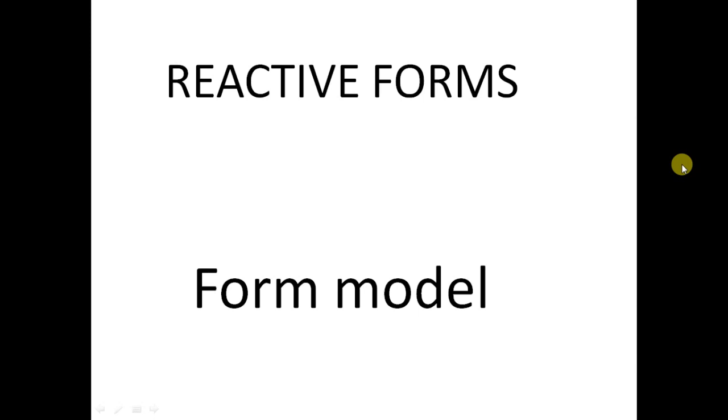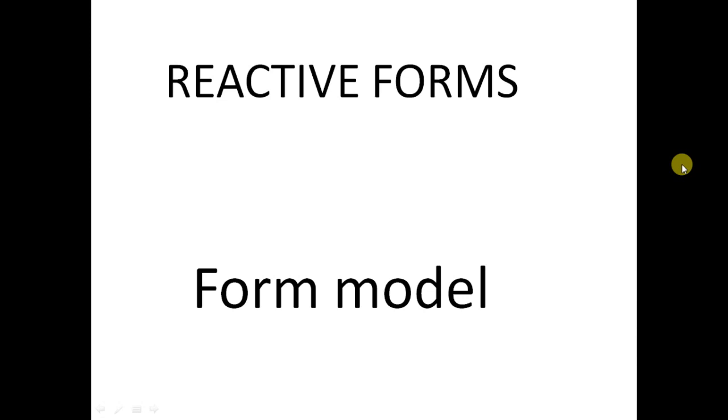Now, form model. The form model is an underlying data structure that keeps the form's data. It's constructed out of special classes defined in the @angular/forms module: FormControl, FormGroup, and FormArray. FormControl is the atomic form unit.